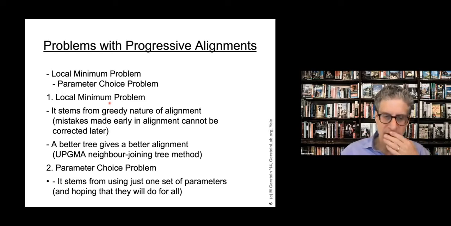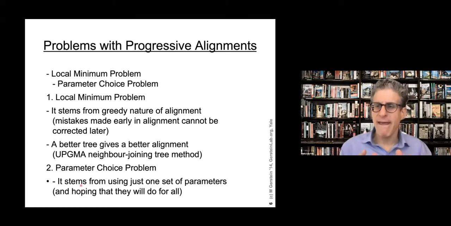Another issue is that, remember, we were talking about the substitution matrix and how it's different for sequences that are very different, very far apart. If you imagine you're trying to align sequences from a very diverged group, they might have some that are very close to each other, some that are very diverged.